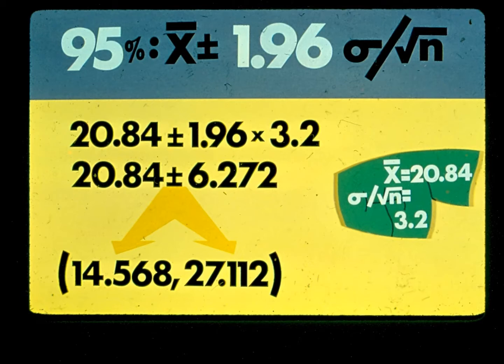Applying this formula to the Pine Knoll example as shown below, we need only substitute the values X bar equal to 20.84, sigma equal to 16, and n equal to 25 to get 20.84 plus or minus 1.96 times 3.2. This simplifies to 20.84 plus or minus 6.272, which yields 14.568 and 27.112 as the confidence limits that we had found earlier.